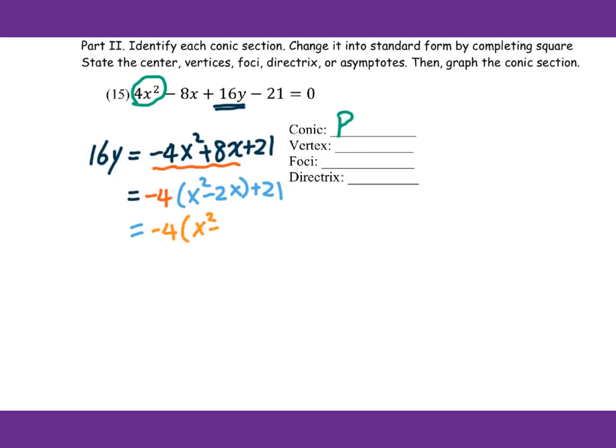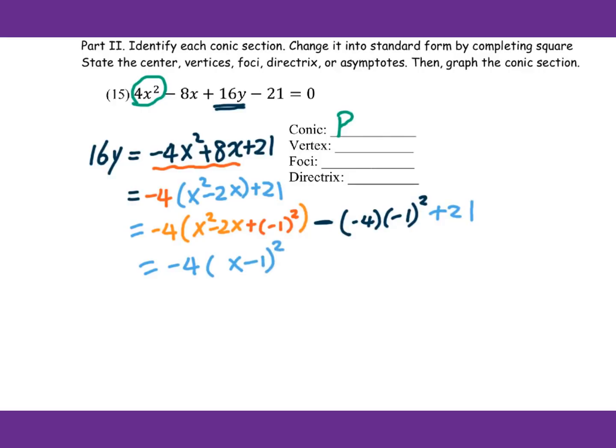We got to do completing square. So we add negative 1 squared. Since you add negative 1 squared on the right side, you have to subtract negative 4 times negative 1 squared on the same side, then plus 21. So we do negative 4, here's x minus 1 squared. This part, that's plus 25.